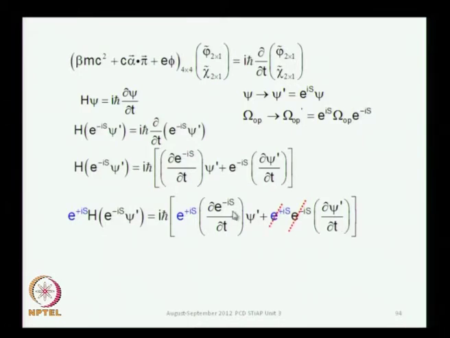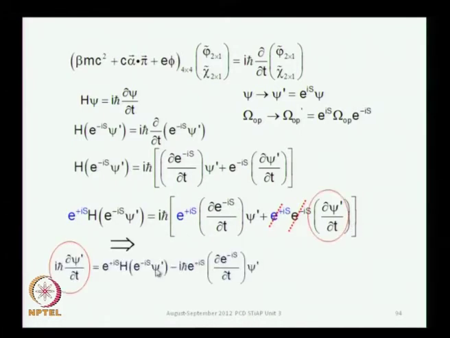So, this term would go to the other side, and the relation you get for i h cross del psi prime by del t is this term minus this term. So, now your equation in the transformed representation is this. Okay, this is what you get from the Dirac equation by subjecting it to the transformation.